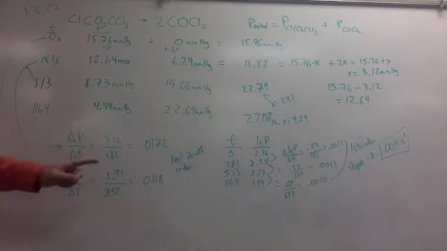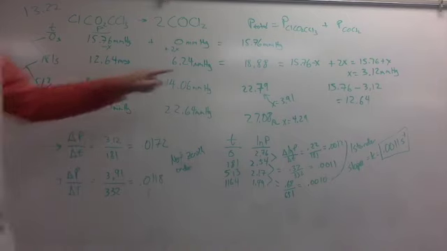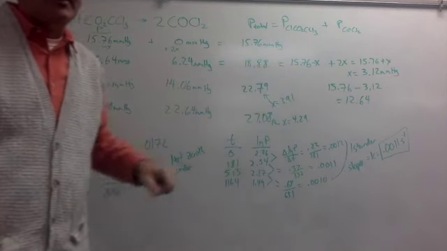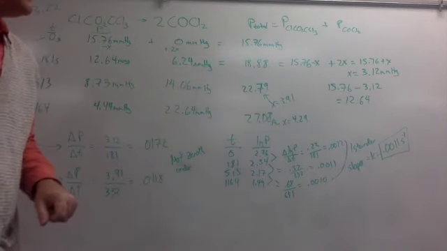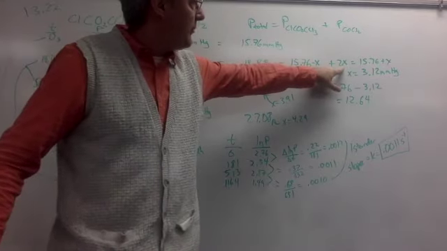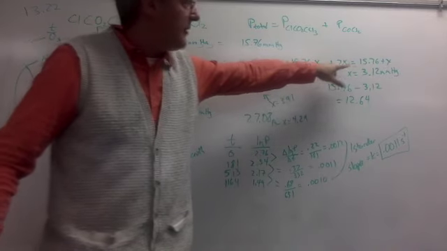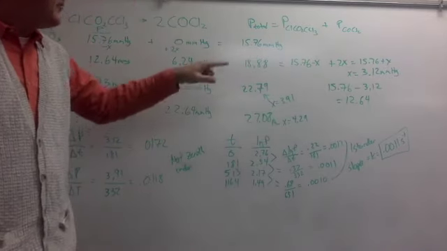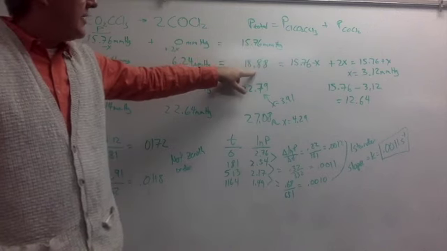Basically it's the original pressure, 15.76, minus X, the amount of the reactant that reacts, plus 2X, the amount of product that forms. So if you do the algebra on that, that becomes 15.76 plus X. So in other words, 15.76 plus X equals 18.88.